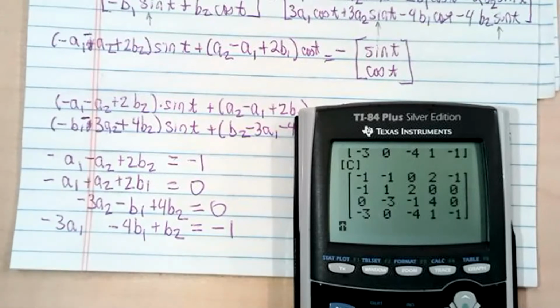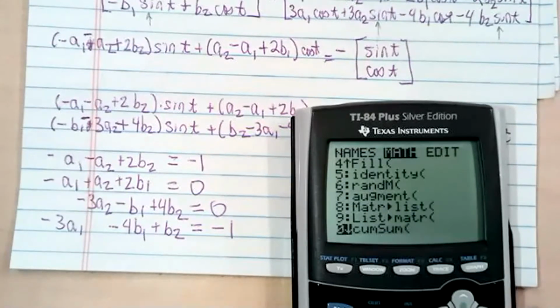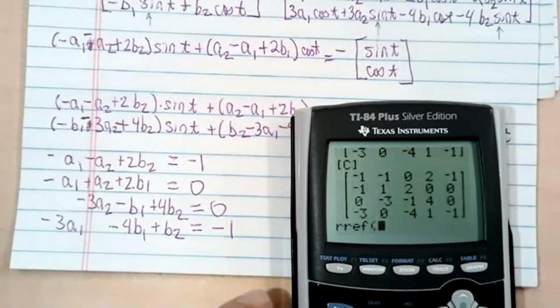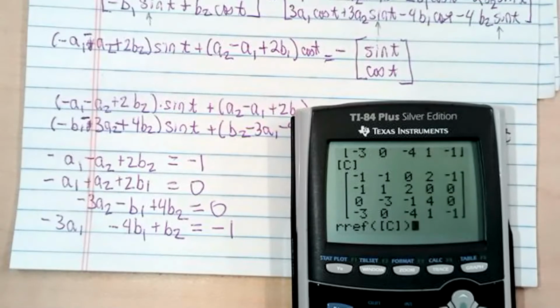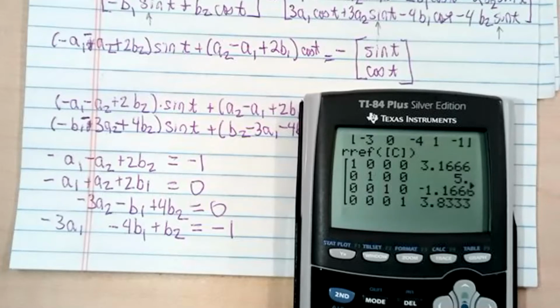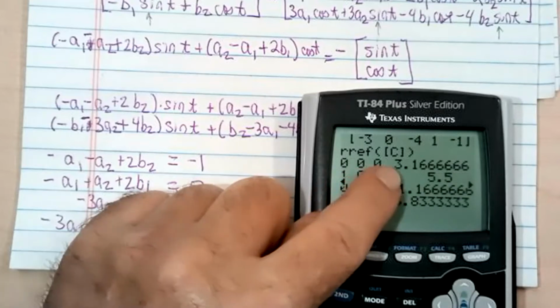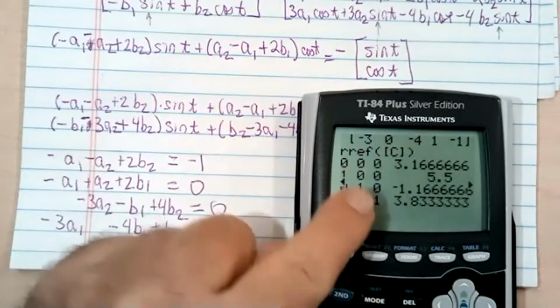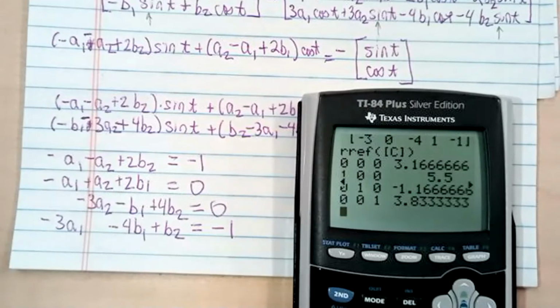Okay, so we are now ready to try to solve the system. And that's discouraging, but you can scroll over to the right and see what we have here. I recognize these. That's a 3 and a 6, 5 and a half, minus 1 and a 6, and I'm not sure what that one is.